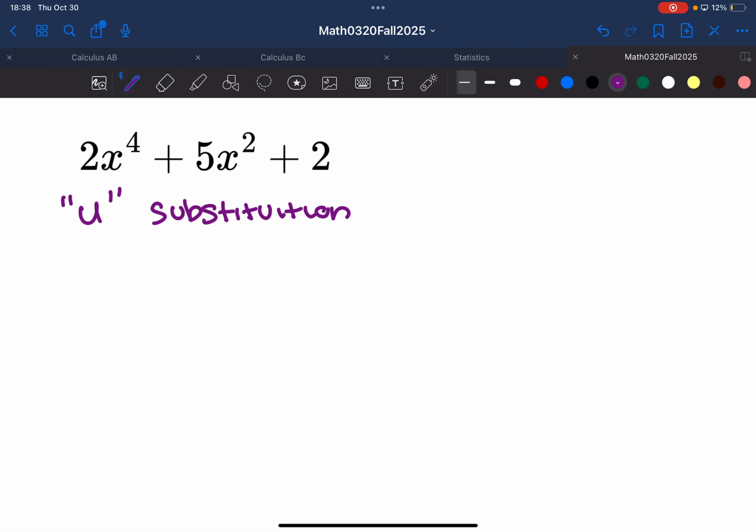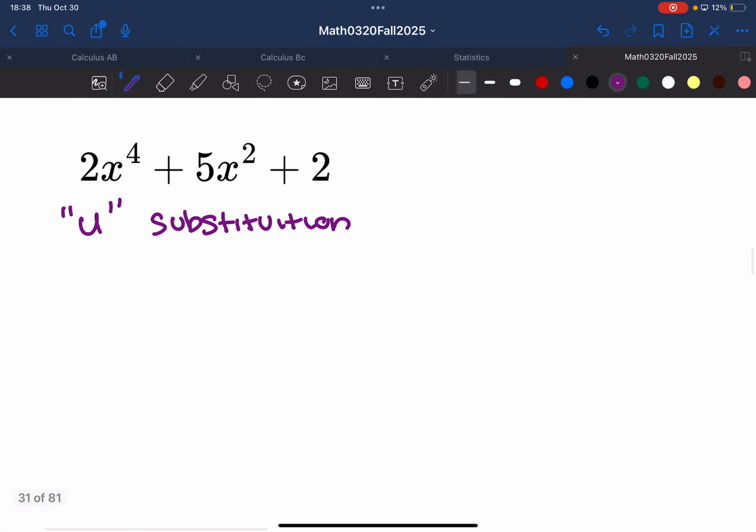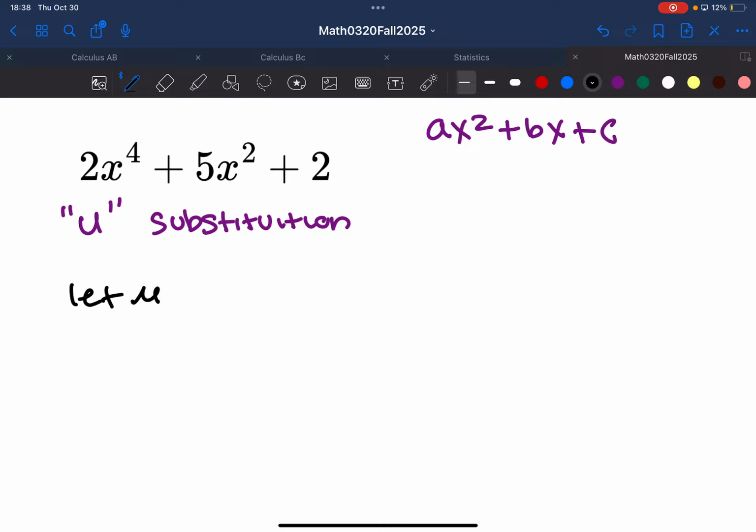In a typical quadratic equation, it should be ax squared plus bx plus c. So I know I should only have one variable next to the b, and that should be only an x. So I'm going to let u equal x squared.